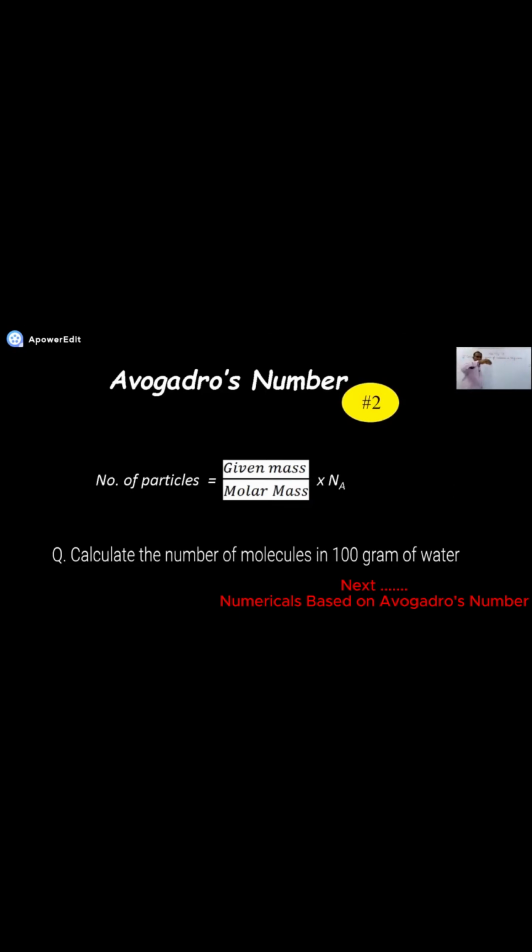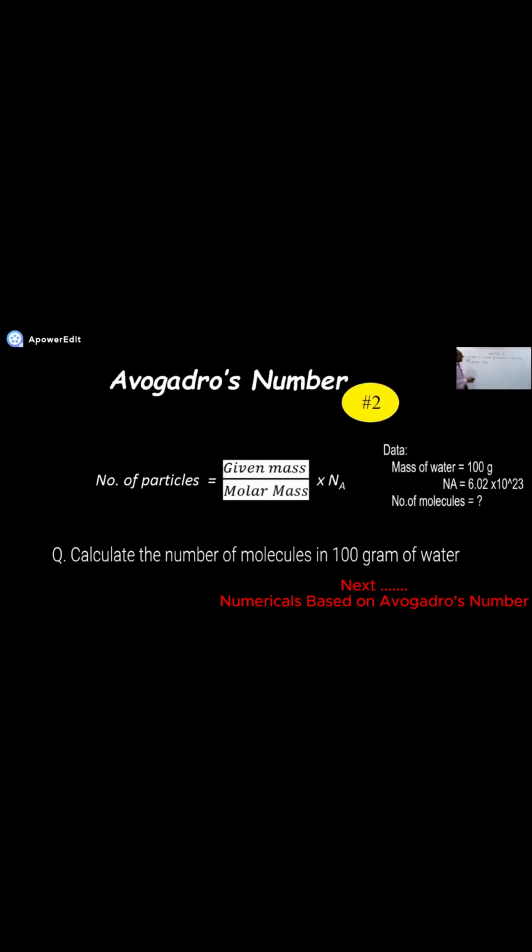I repeat, we have suppose 100 gram of water, and we want to know how many molecules it has. So what is the data here? Data means what is given to you and what is asked. Mass of water is given. How many grams of water do we have? 100 grams.